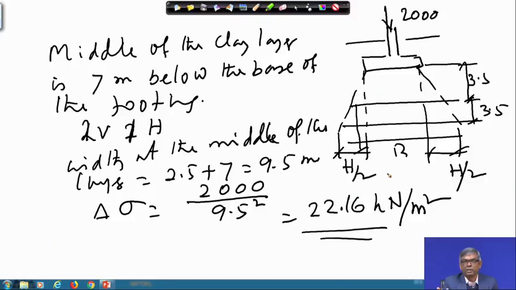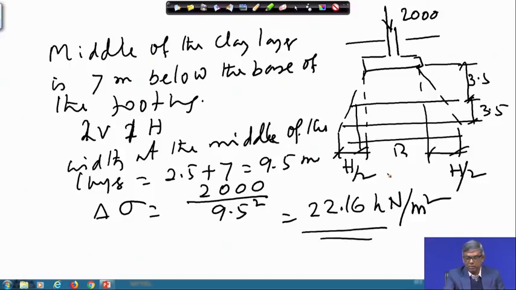That means, if the soil layer is at a depth z from the base of the footing, then your base will be enlarged. Assume that the footing base will be widened at that depth, and that widened width will be equal to the original width B plus z, the depth we are going. Instead of 2 vertical 1 horizontal, one can take any dispersion, but that is the most common dispersion value we generally take.